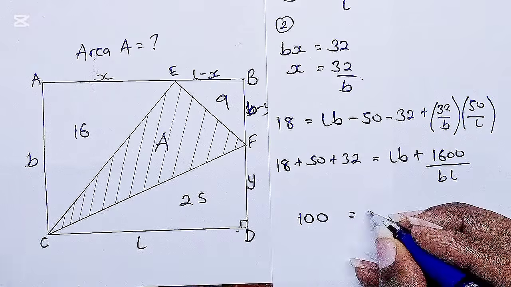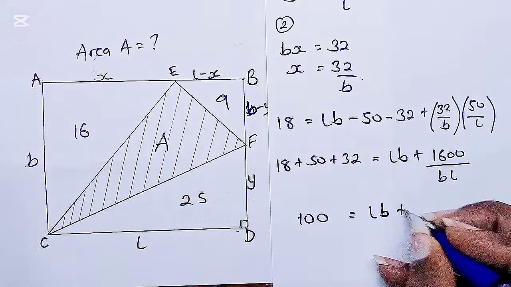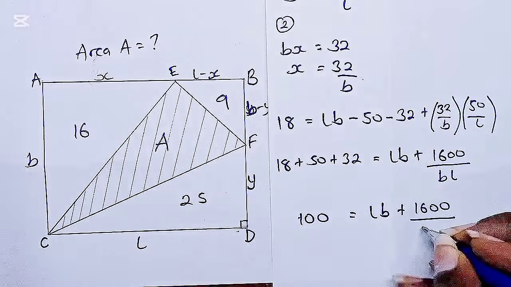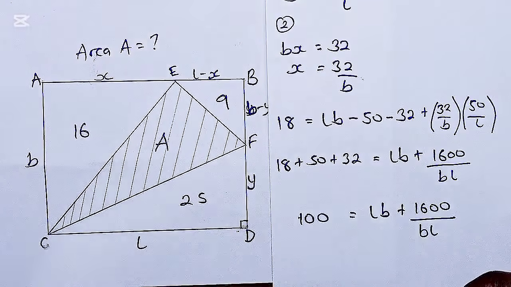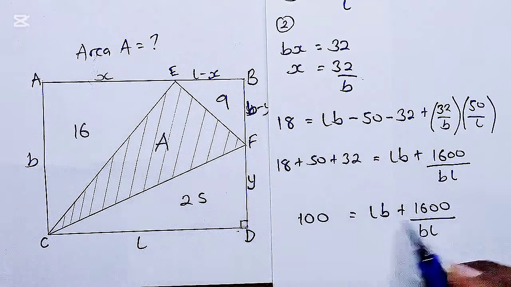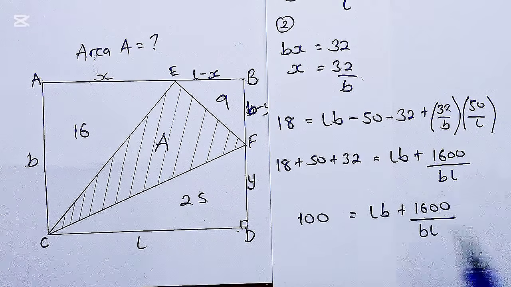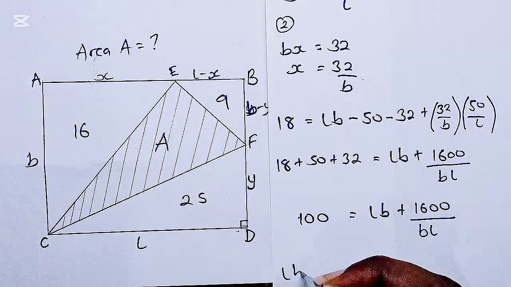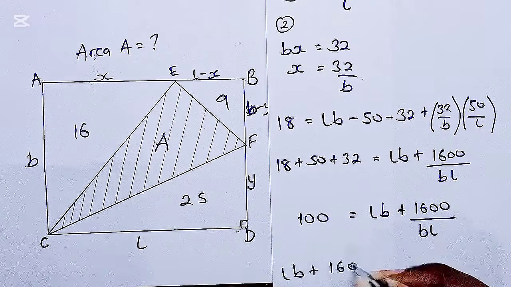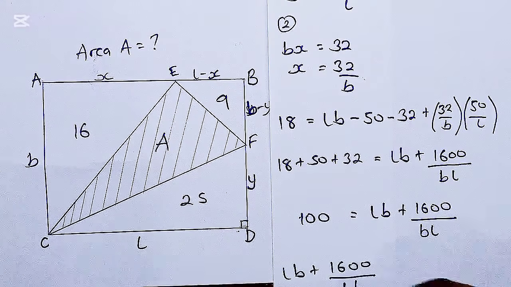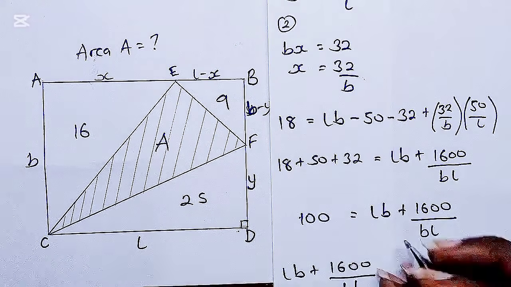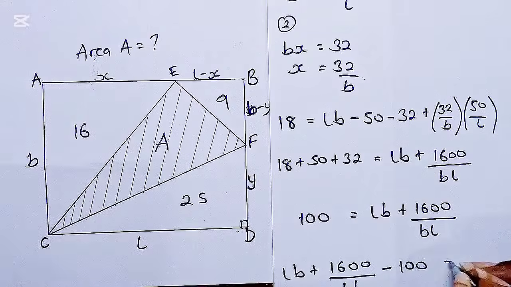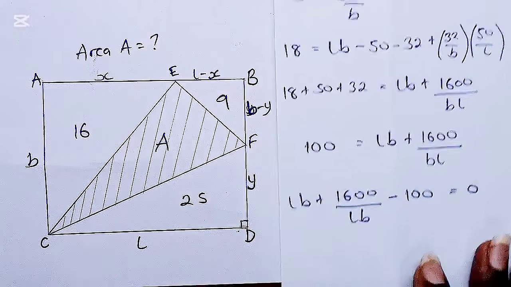So 100 is equal to LB plus 1600 over LB. Let us take this to the other side. We shall have LB plus 1600 over LB, then minus 100, equal to 0.